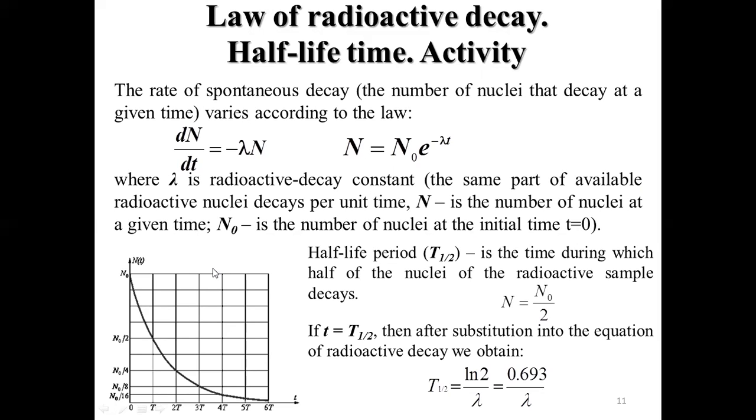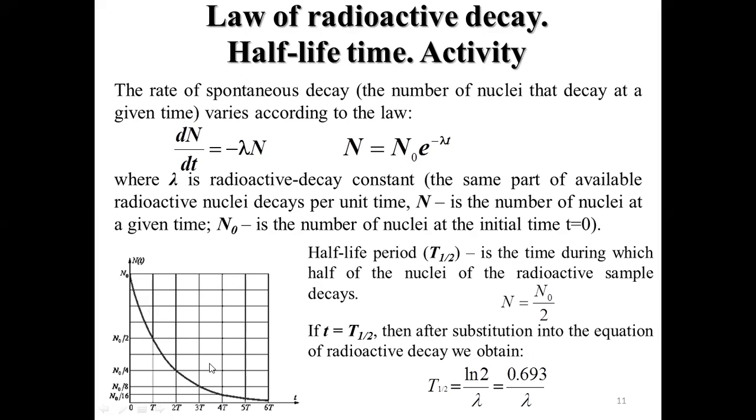The same part of available radioactive nuclei decays per unit time. N represents the number of nuclei at a given time, and N0 is the number of nuclei at initial time, t equal to 0. So here is our initial number of nuclei, and then we have exponential decrease with time.